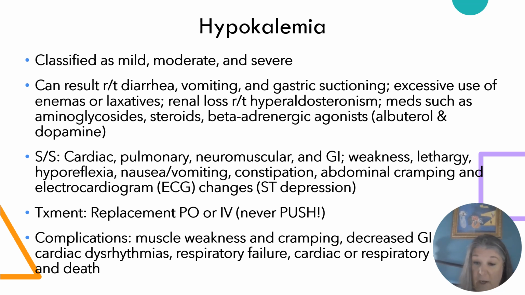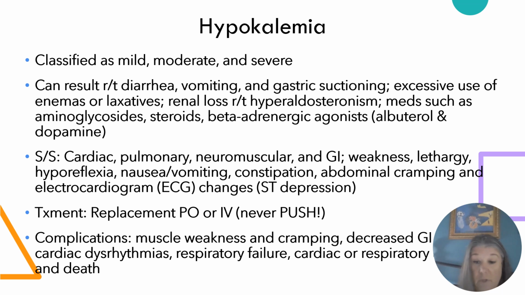Nasogastric suctioning, right? What's in our stomach? Acid. There's acid in our stomach. So if we are using nasogastric suctioning to help decompress the stomach or whatever is going on, we are pulling out acid. When we pull out acid, we throw the body into a state of alkalosis.